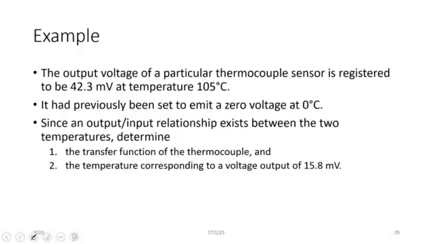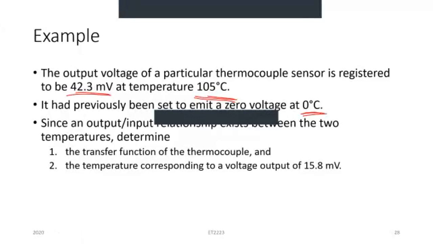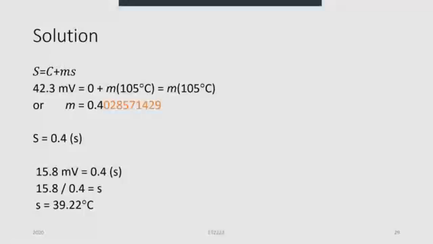As an example, if you have a temperature sensor and it is producing, say at 105 degrees Celsius, 42.3 millivolts, and we also observed a zero voltage at 0 degrees Celsius, then we can use that as part of our conversion function.